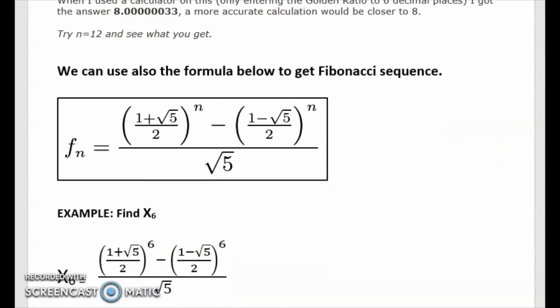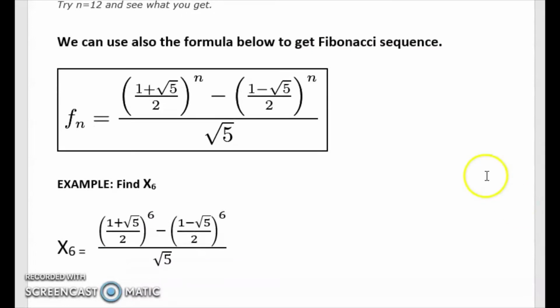Moving on, we can also use the formula below to get the Fibonacci sequence. I am suggesting to use this formula. This is called Binet's formula to get the Fibonacci sequence. This is more accurate than the formula that we used a while ago, so it's better for you to use this formula.